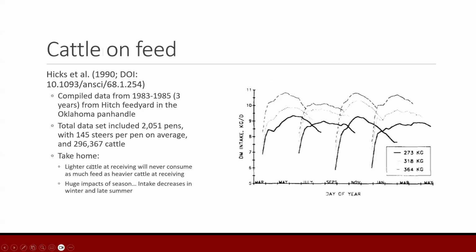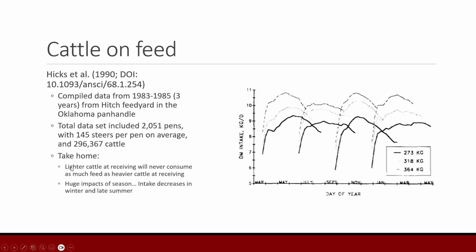So this is some old data published by Hicks in 1990. They looked at 3 years worth of data from 1983 to 1985 from the Hitch feed yard in the Panhandle, Oklahoma. So they had 2,000 pens, 145 steers per pen, for just under 300,000 head of cattle.